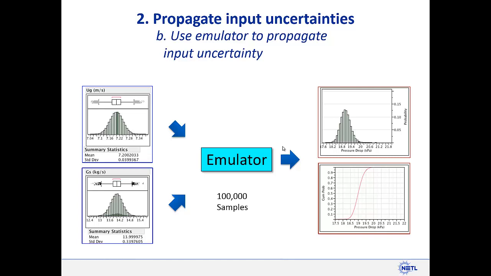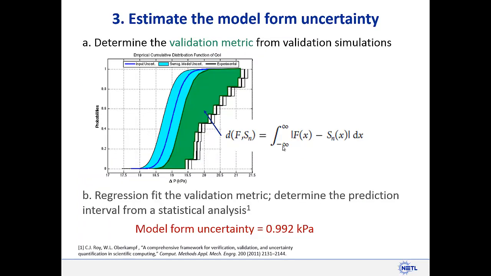You can see again experiments have uncertainty too, and Roy and Oberkampf define this area, the minimum area between the prediction, the calculation, and the experiment, as the model form uncertainty. So we calculate that as this quantity.